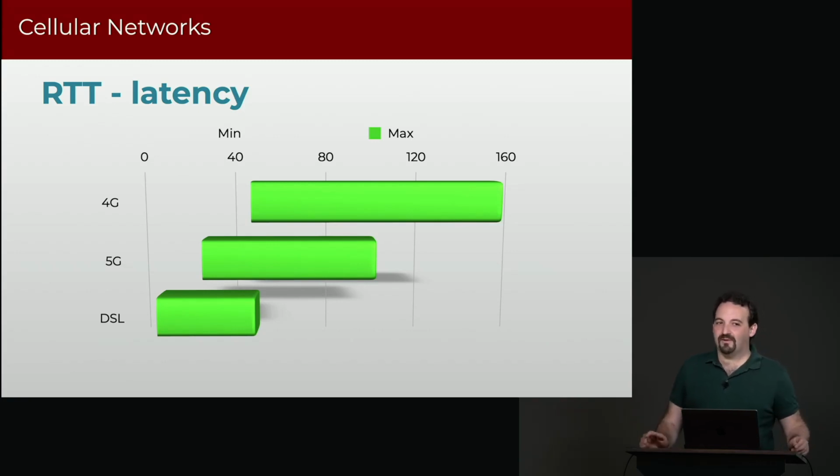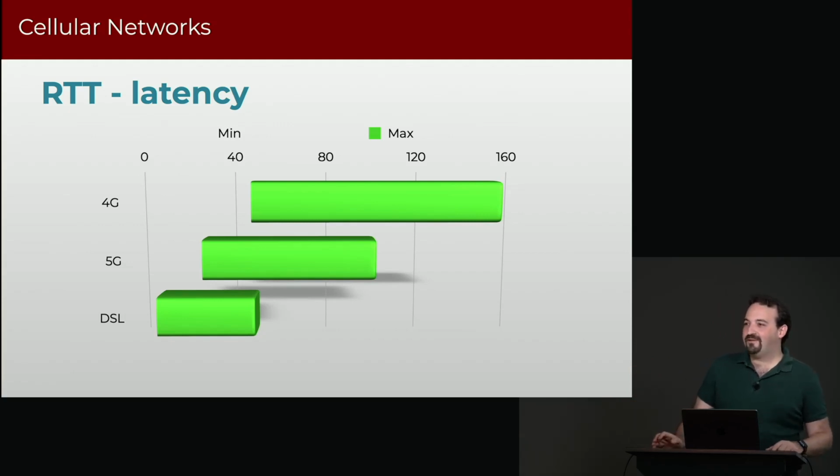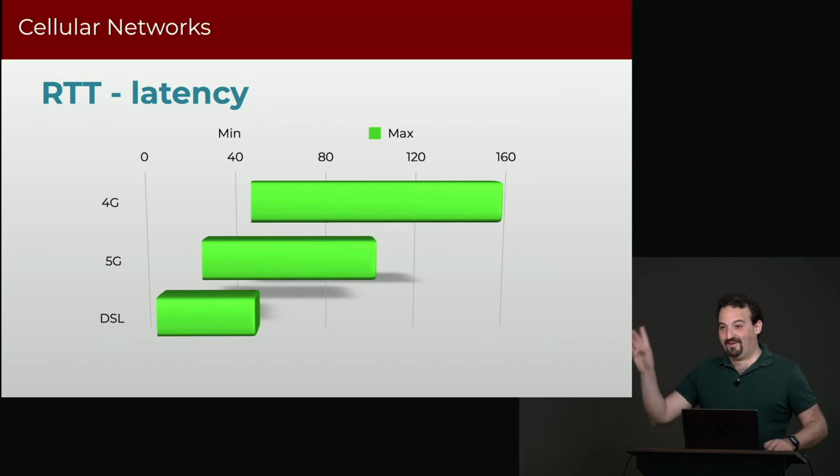Yeah, it can be 1 millisecond, sorry, not second, 1 millisecond. But that's if the antenna is right there, okay? It's not the real world. In the real world, he said that today in North America, so not in every country, the average is around 50 milliseconds.